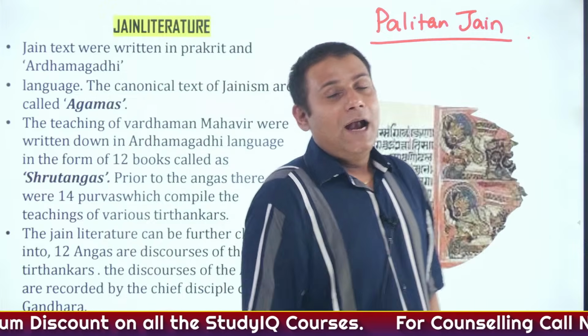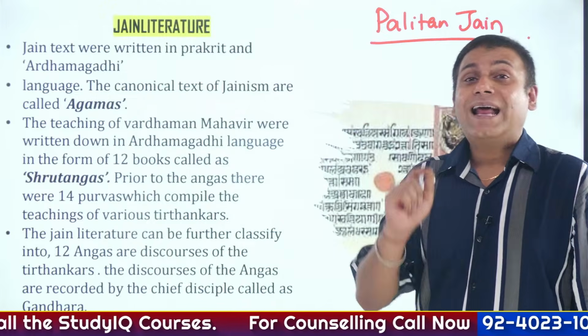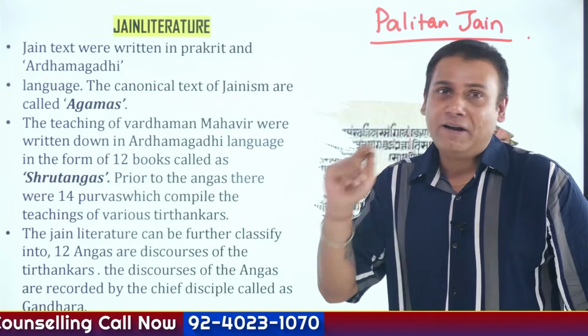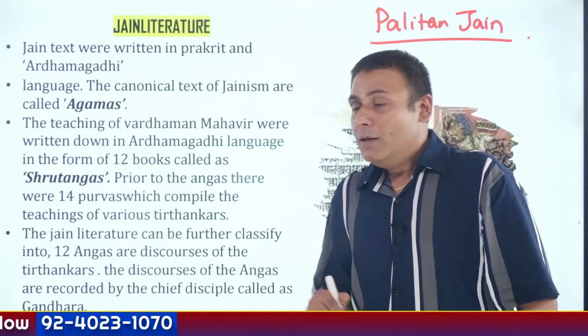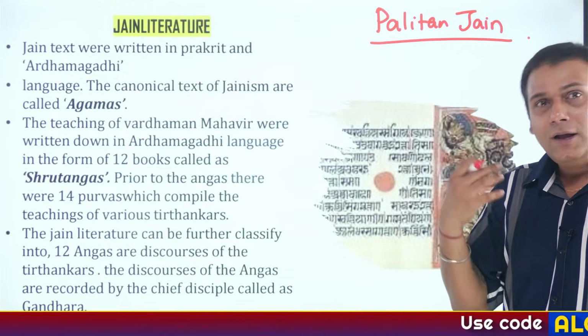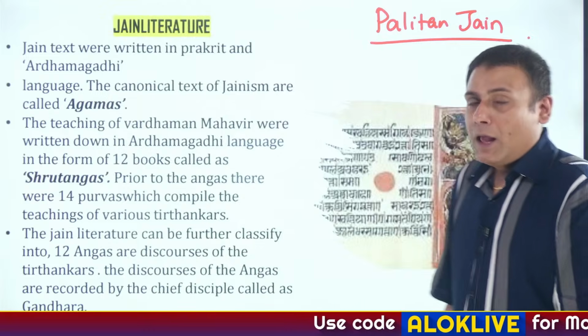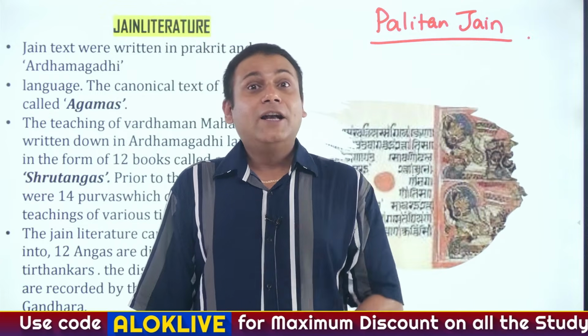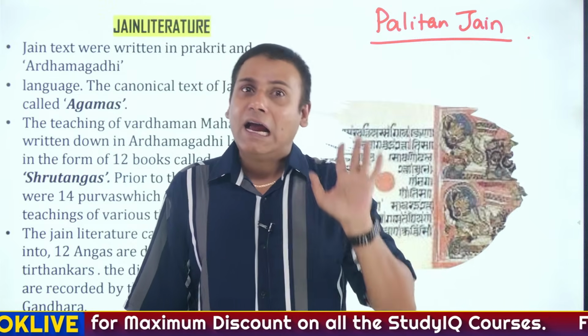Palitana is a place which was in news because it has been declared as the first 100% vegetarian city of India. Okay. Now, what is the historical significance of Palitana Jain Temple? I'll give you a very simple example. Palitana Jain Temple is located in Gujarat, on Shatrunjaya Hills.